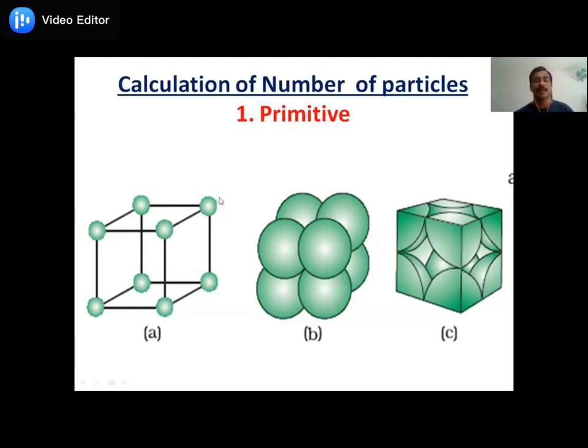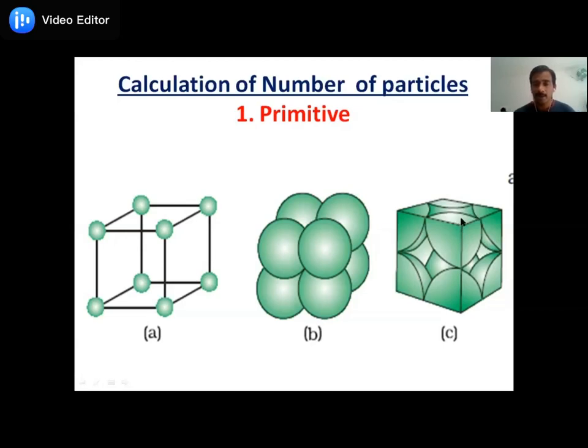So total 8 unit cells are sharing one particle here. It will be joined through this one, this one, and this one to the upper side.